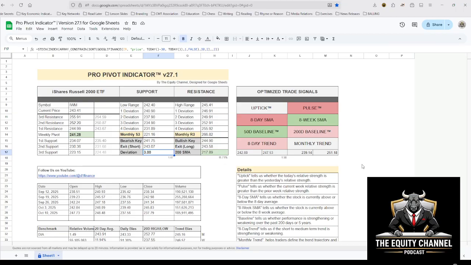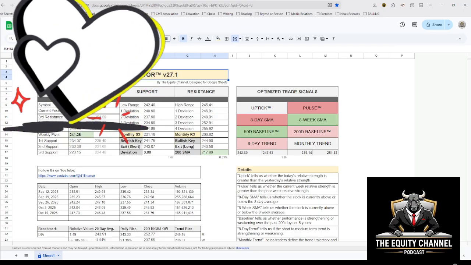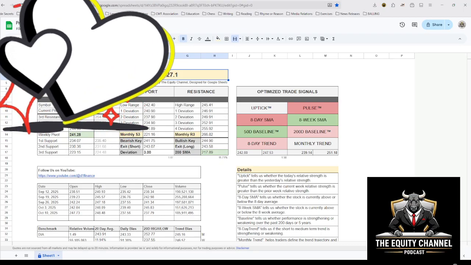So before this was even called the Pro Pivot Indicator, it was called the Trader's Cheat Sheet, like the one on bar chart, right? So they've been using it since then. This was years ago, right? Years ago.